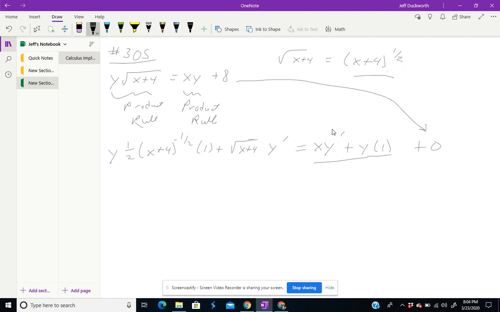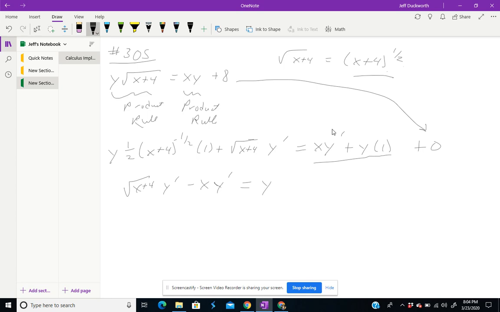All right, for cleanup, I'm going to put the y primes on the left. So I've got root x plus 4 times y prime minus x times y prime. So I've subtracted x times y prime to each side. This guy, I'm going to move over to the other side. So right now on the right, we have y. Y times 1 is y.